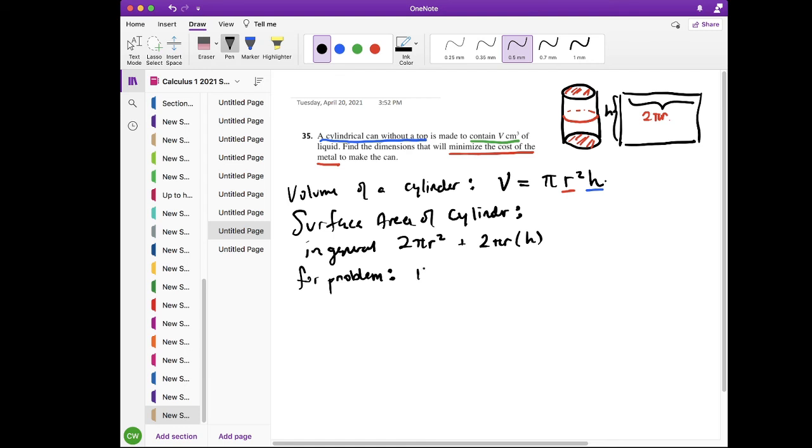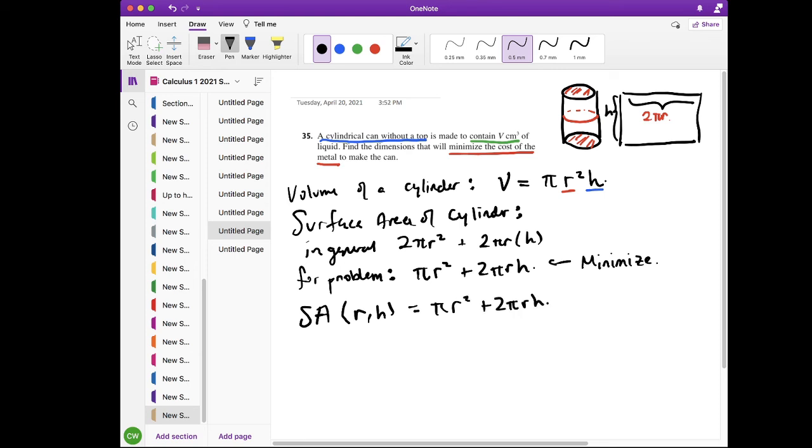So just pi r squared plus 2 pi r h. Okay, so this is what we want to minimize. So we have SA of r and h, right? These both can be changing. Pi r squared plus 2 pi r h. How do we turn this into a one variable problem?